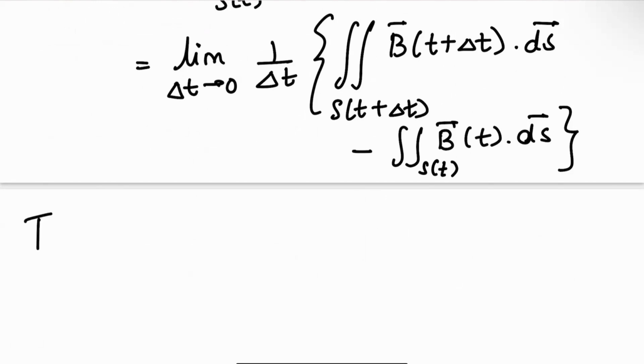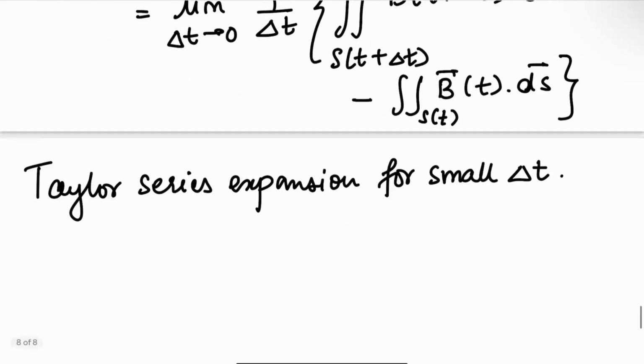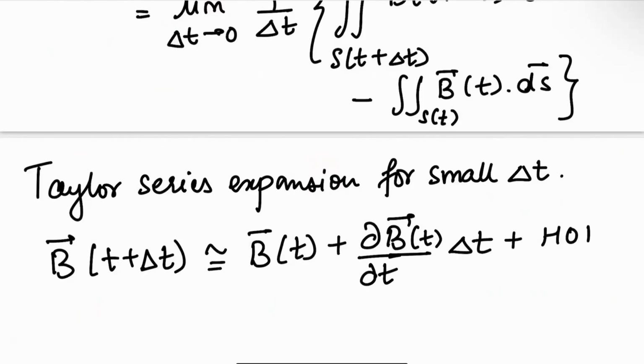Okay, so now we'll take a Taylor series expansion for small delta t, okay? It's approximately equal to B of t plus dB/dt times delta t. Plus there are also higher order terms here, right?